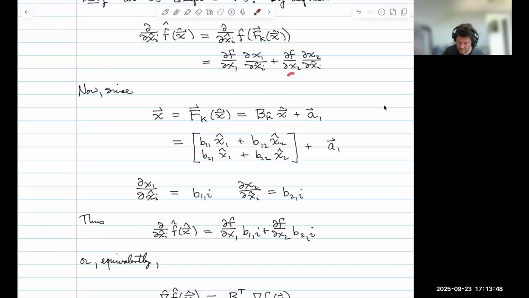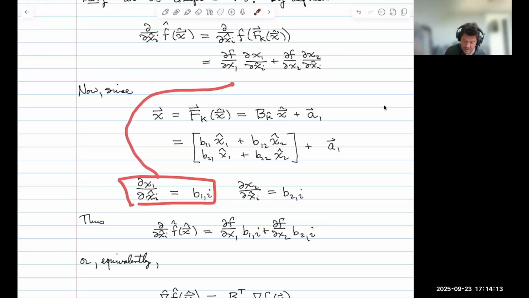And this is the same. So really what I'm saying is I want to show that this one here is an element of B_K in the second row, ith column. And so that's the calculation that I was doing here, taking the derivative of this and showing that that is that calculation there.